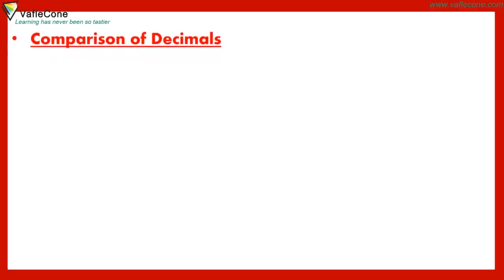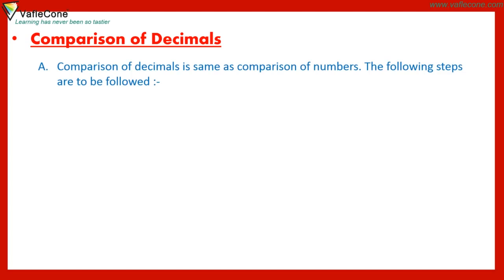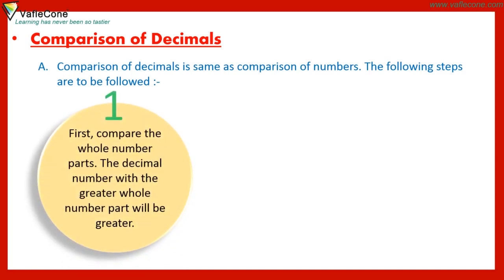Comparison of decimals. Comparison of decimals is the same as comparison of numbers. The following steps are to be followed. First, compare the whole number parts. The decimal number with the greater whole number part will be greater.